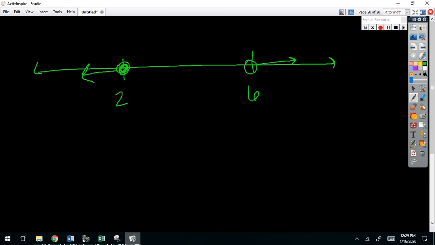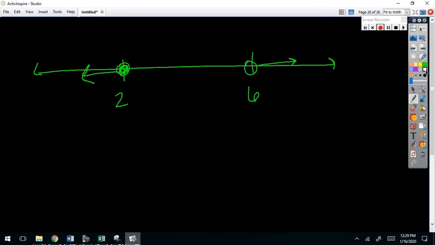So let's think about what this is saying before we put it in interval notation. This side is saying that x is less than or equal to 2, right? What is this side saying? Then 6, right? But I need them to be all one interval.